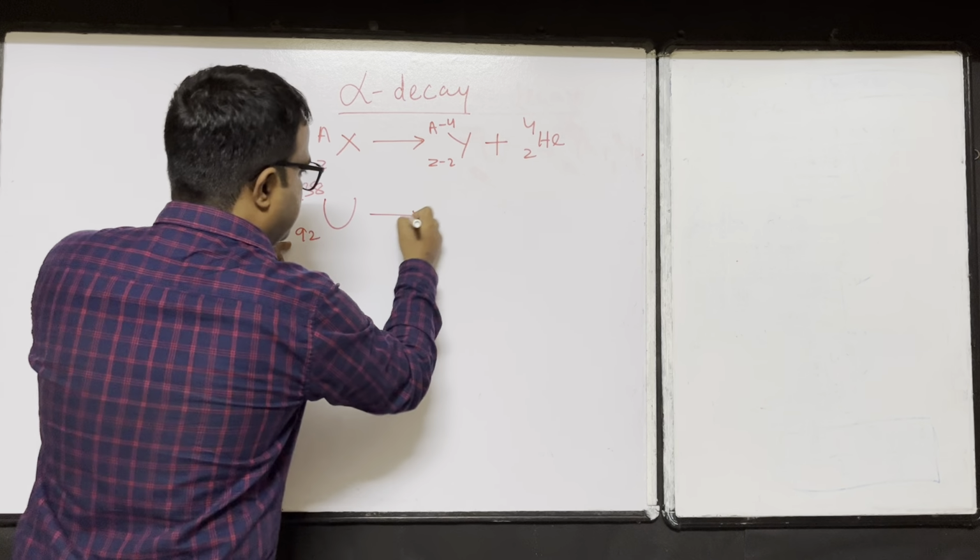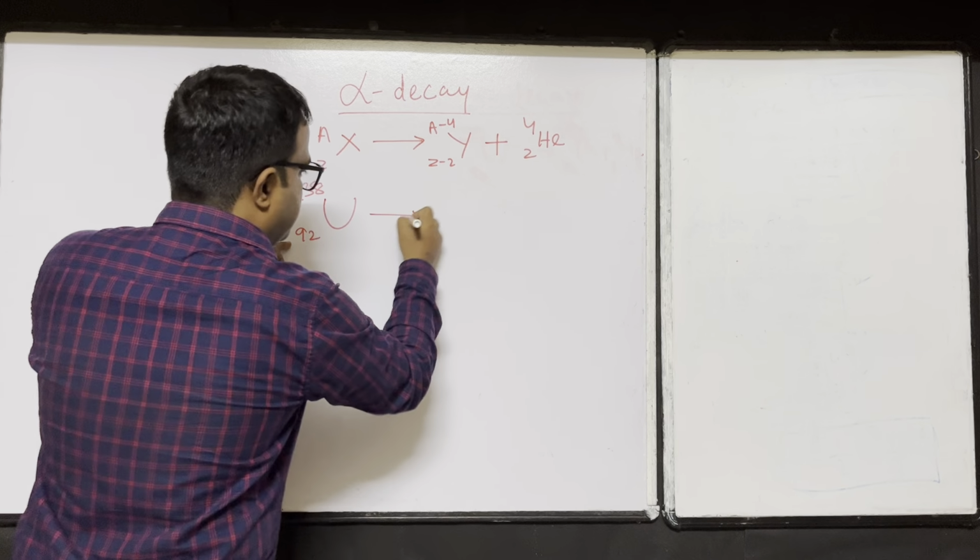If uranium has sufficient energy, or uranium mass energy is greater than the product mass energy, then that extra energy will help the uranium to disintegrate, and that extra energy will be released also. Such decays are basically exothermic in nature, so heat energy or some energy is released in this process.